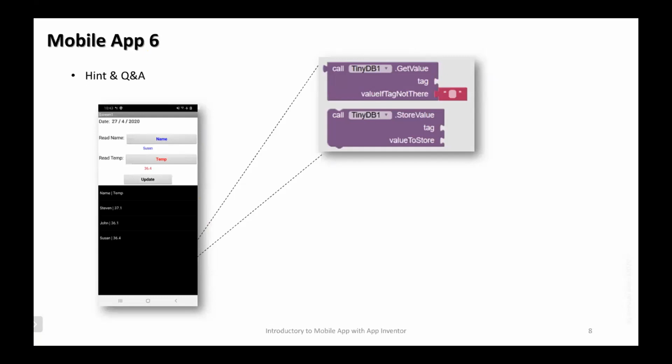Okay, let me just run through a logical issue. Now, when you start to save, initially you will save my name for Susan, Tam, 36.1. Okay, so this one is record number 1, right?